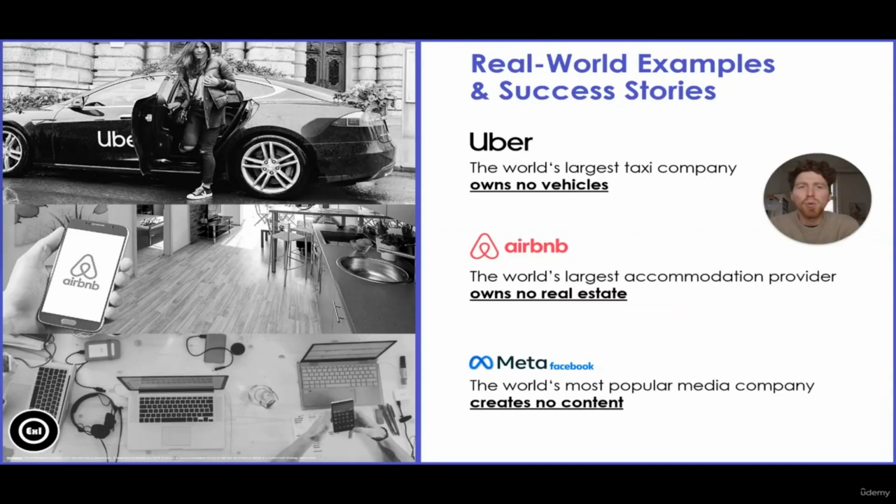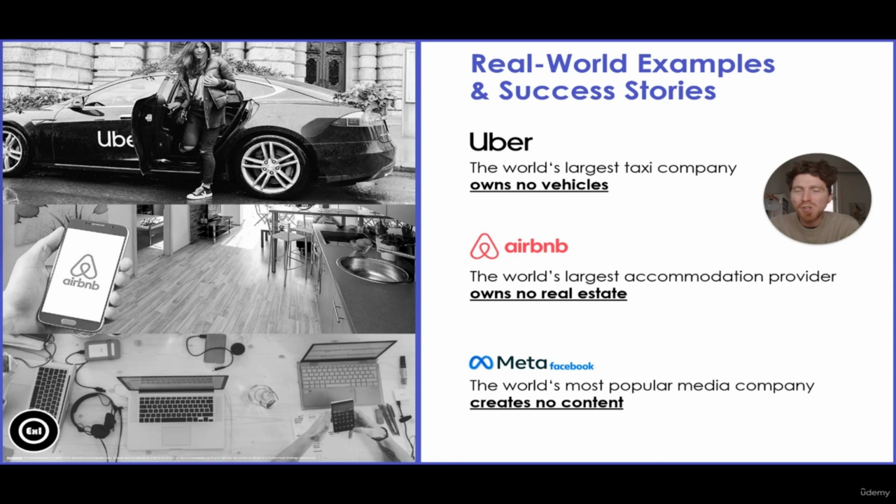Let's have a look at real-world examples and success stories within the platform economy. Probably all of the companies you're seeing here, you're very aware of, and most probably have used them already. Let's start on the top with Uber. The world's largest taxi company owns no vehicles.